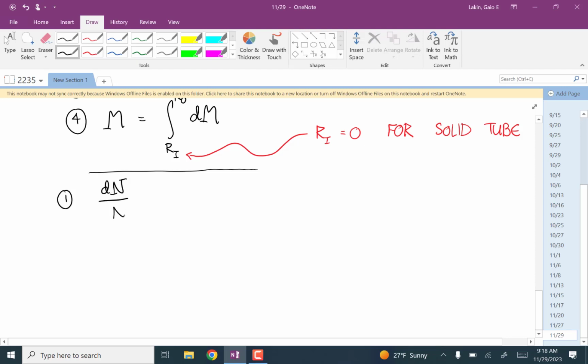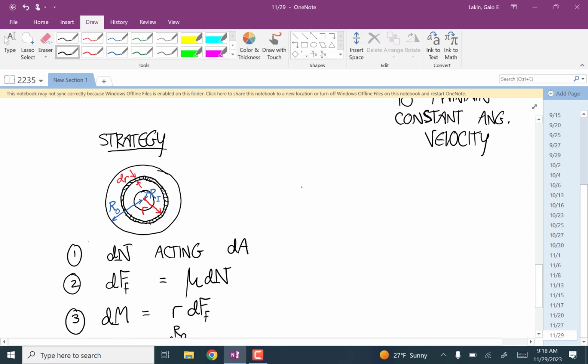So dN over N is equal to, what's the area of this ring? Stretch it out. The length is 2 pi r.